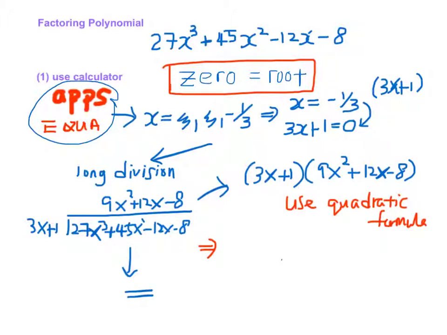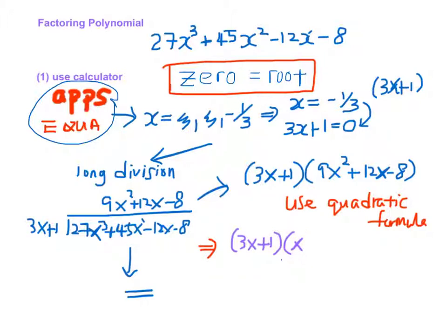Then you could use the quadratic formula for the quadratic factor, and in the end you should be getting this. The factorization will give you 3x plus 1, and the other two should be x. Oh wait, I think it should be 3x, not x.